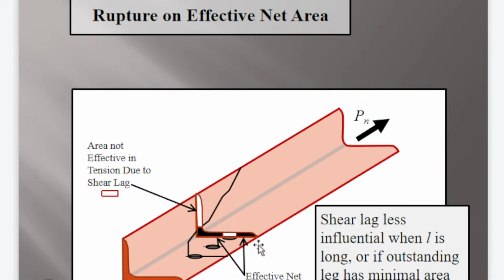Meaning, if L is long enough, the total net area will immediately become the effective net area. Those are the important concepts from this discussion.